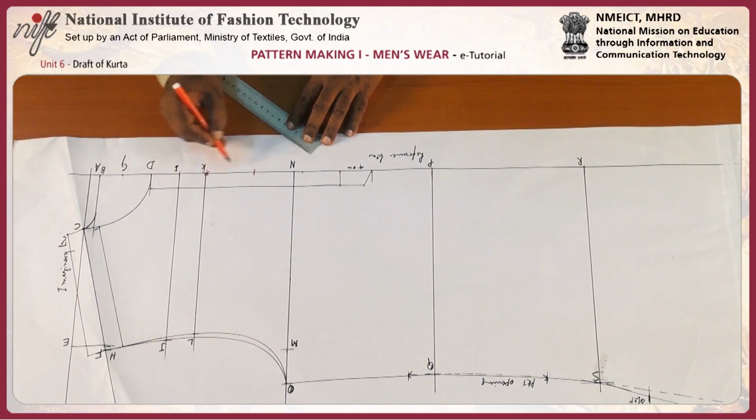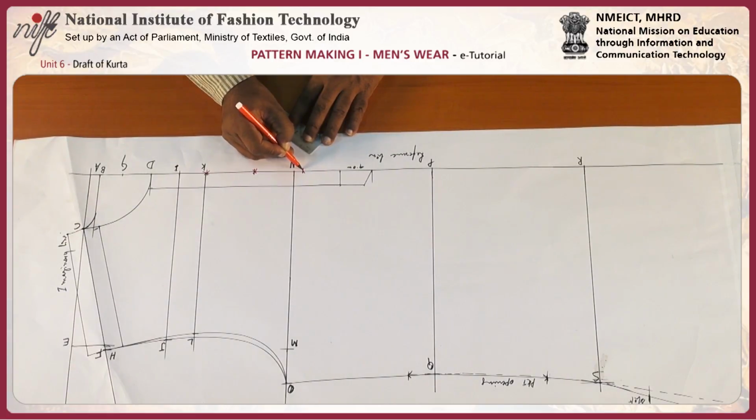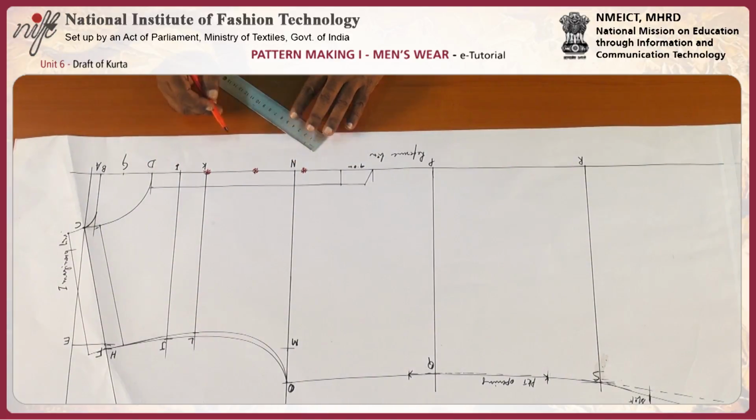The first one is 7 centimeter, the second and third will be 6 centimeter. So, 3 buttonholes.